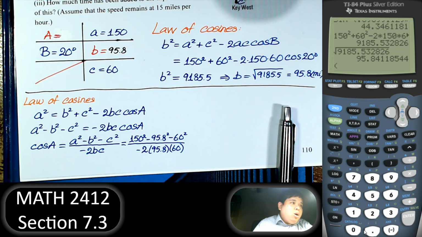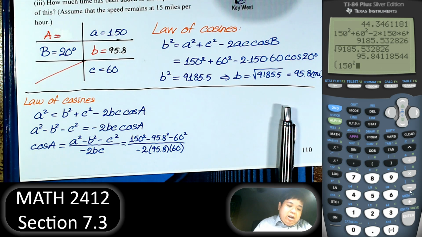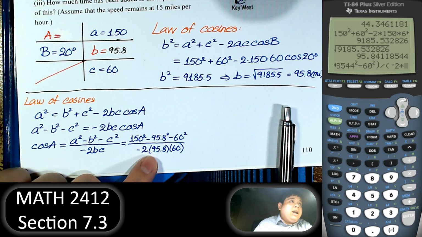Alright, so we do that. On the top, 150 squared, subtract that number squared, subtract 60 squared, divided by negative 2 times that number times 60.